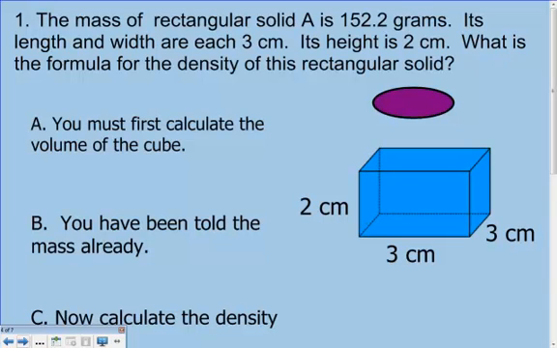Length, width, and height is what you would use to calculate the volume. So let's write that. Length times width times height would give you the volume. You have been told the mass already, and now you have to calculate the density. So I will leave you to that. You can stop the video and try to figure that out, and we'll check it together.